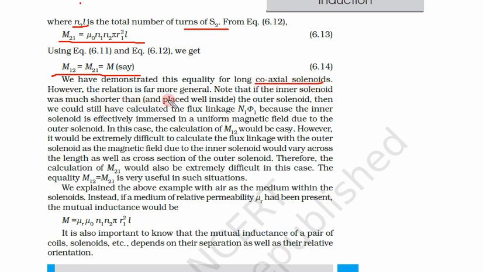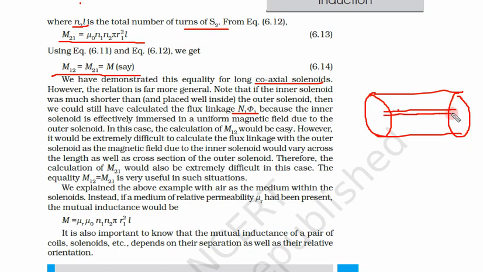However, the relation is far more general. That means we can use this relation in any case. Note that if the inner solenoid was much shorter and placed well inside the outer solenoid, we could still have calculated the flux N1 phi 1, because the inner coil is effectively immersed in the uniform magnetic field due to the outer solenoid. So suppose this is the outer solenoid and this is the inner solenoid.